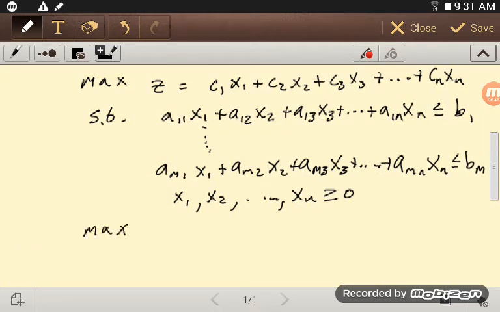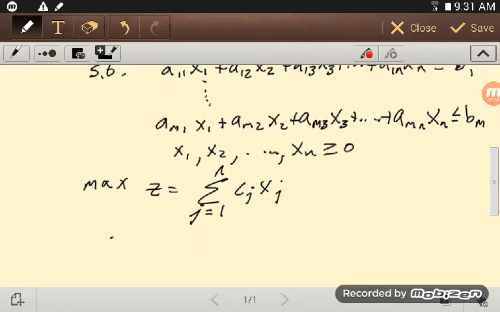Now if we use a summation notation, we could write that as maximize z equal the sum of j equal 1 to n of cj xj.